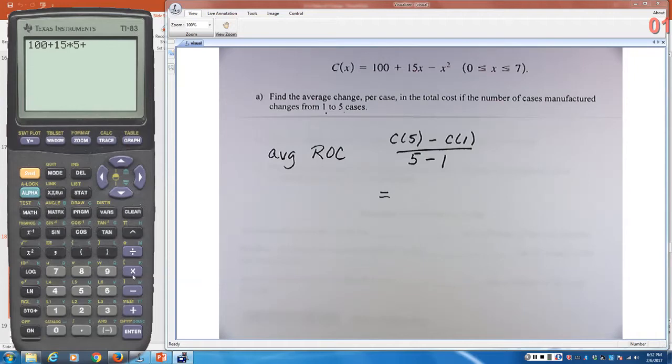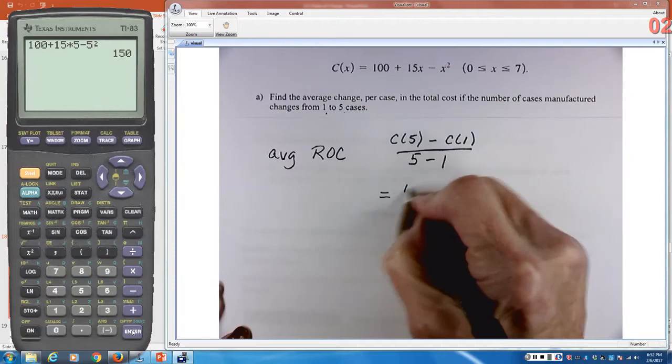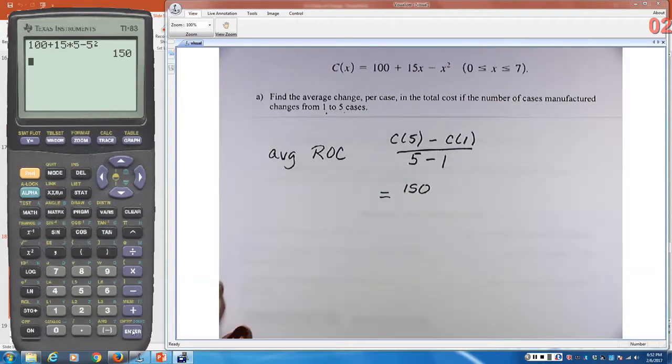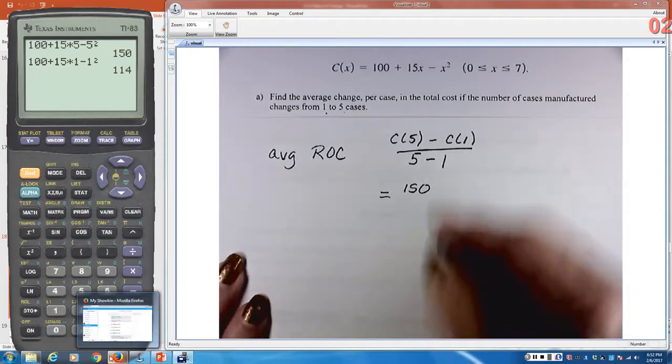Oops, not plus, minus 5 squared. So that's 150. And then if it's 1, the cost of 1 case is $114.